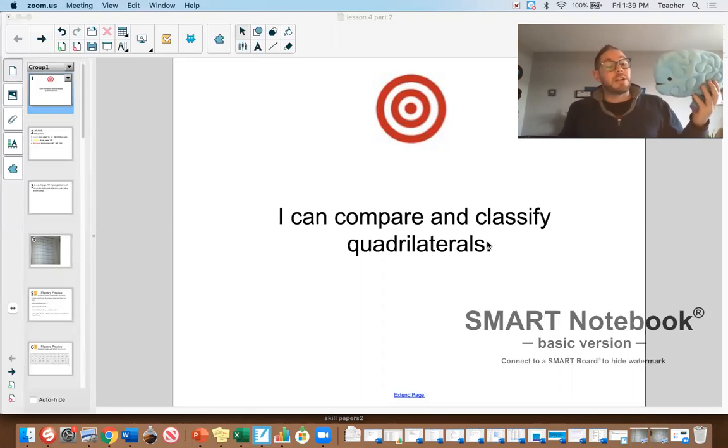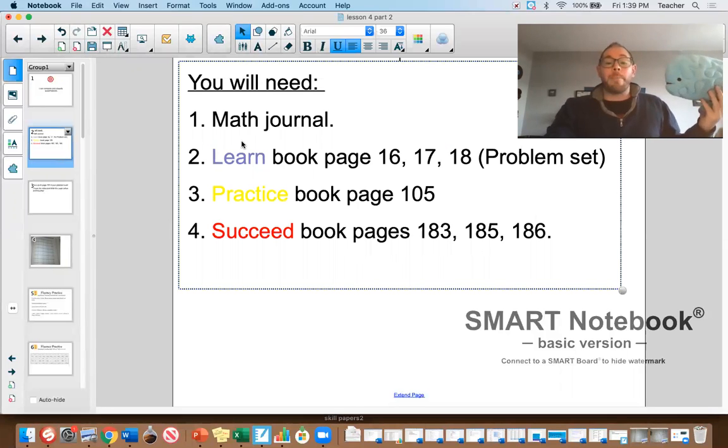And in just a minute after we do our fluency, we're going to be looking back and remembering from yesterday so we can finish today's lesson. All right, so in order to do today's lesson, we need to make sure that we have our math journal to write down information to keep our brains healthy with. We need to have our learn book open to page 16 today.